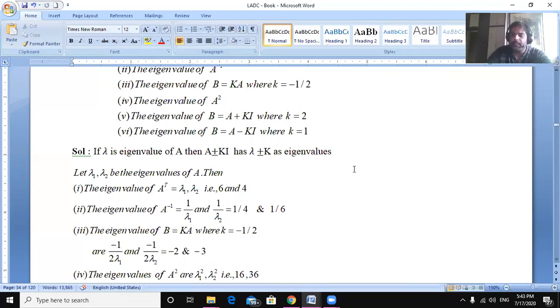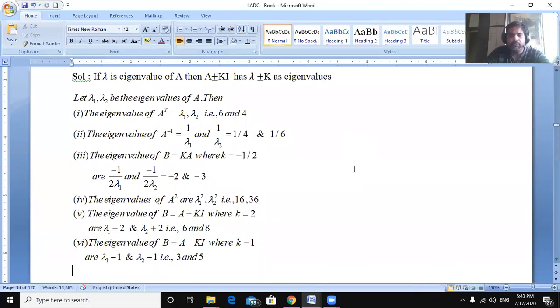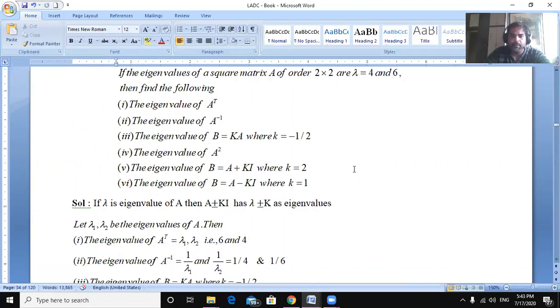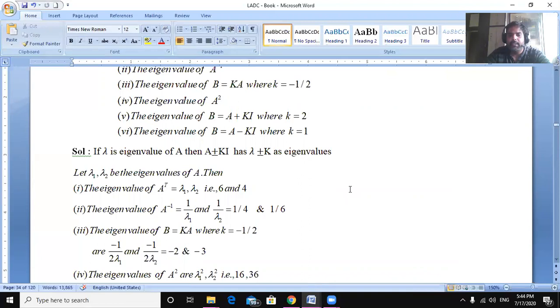So 6 and 8 are the new eigenvalues for A plus 2I. Then what are the eigenvalues of A minus I? They are 4 minus 1 and 6 minus 1, that is 3 and 5.